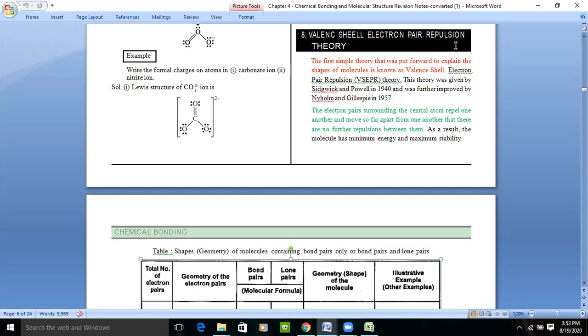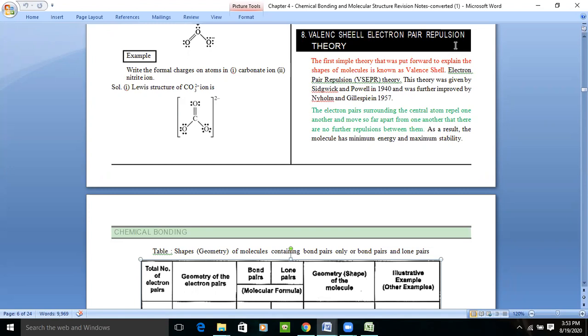They said it was not such a simple thing that elements attain a structure so that they become stable. There is a proper concept behind this, which was explained by the valency theory and not by Lewis dot structure.